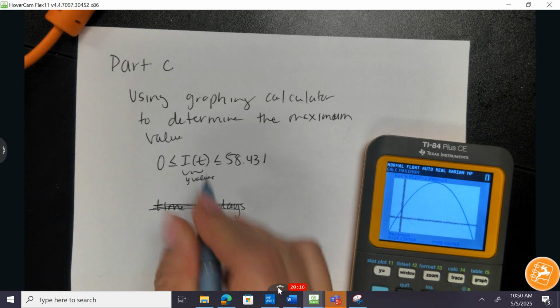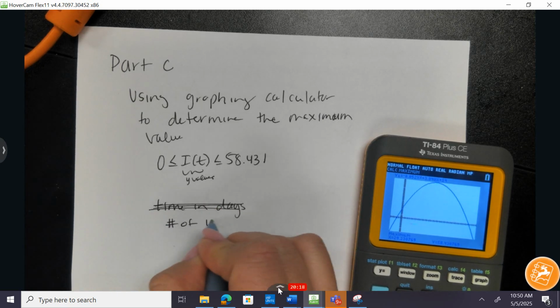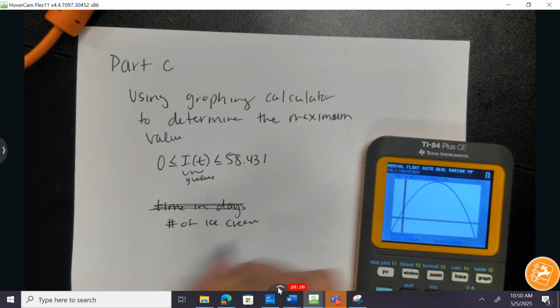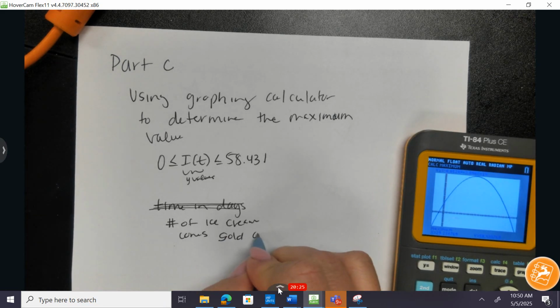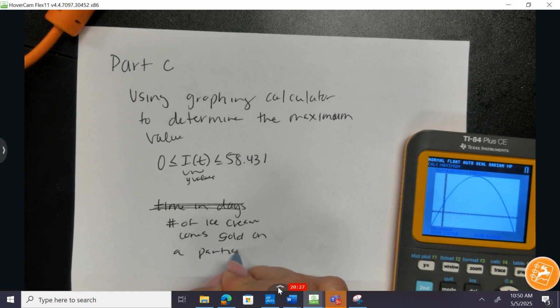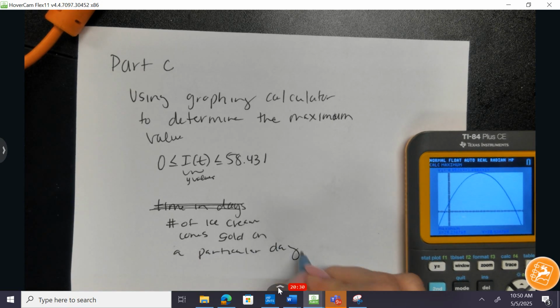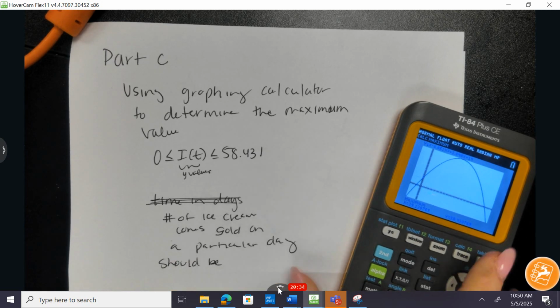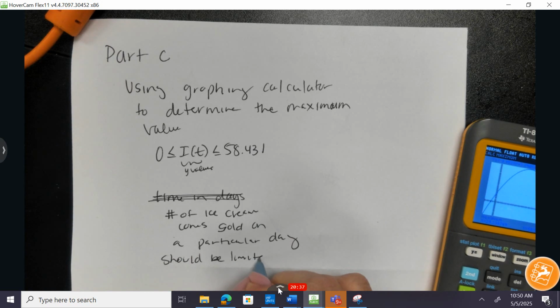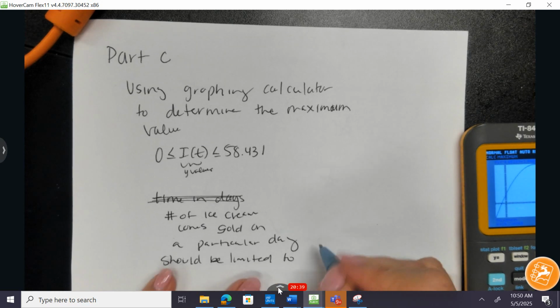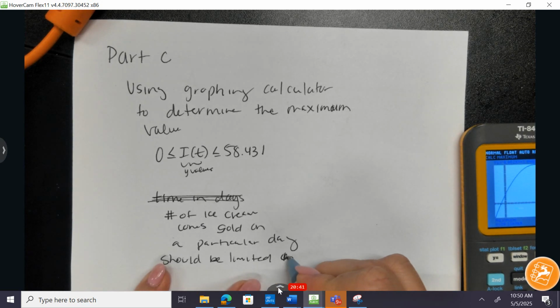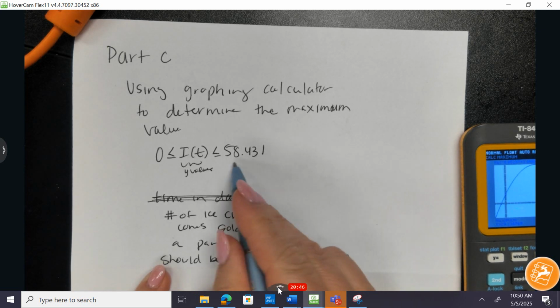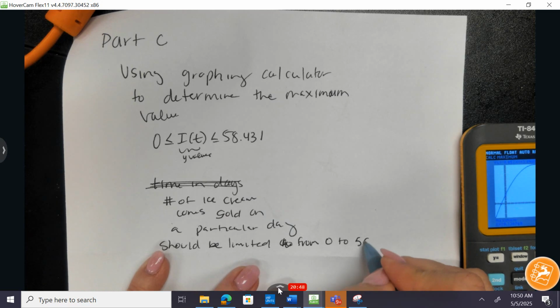So the number of ice cream cones sold on a particular day should be limited from 0 to, and whether you leave it like this or write 59.